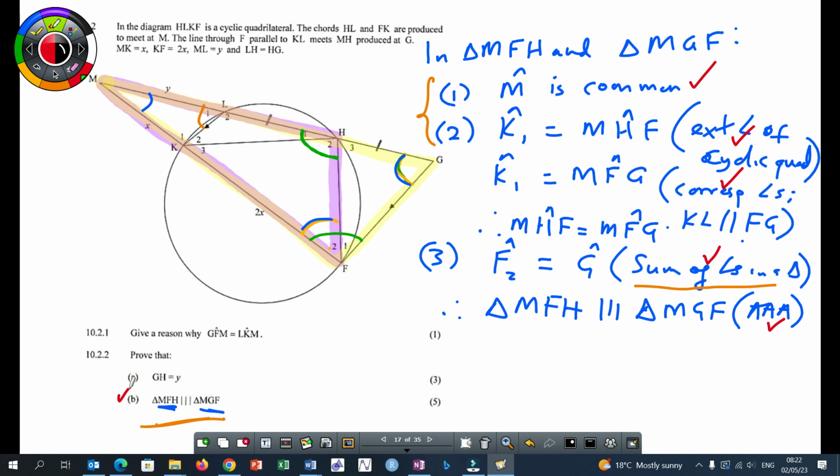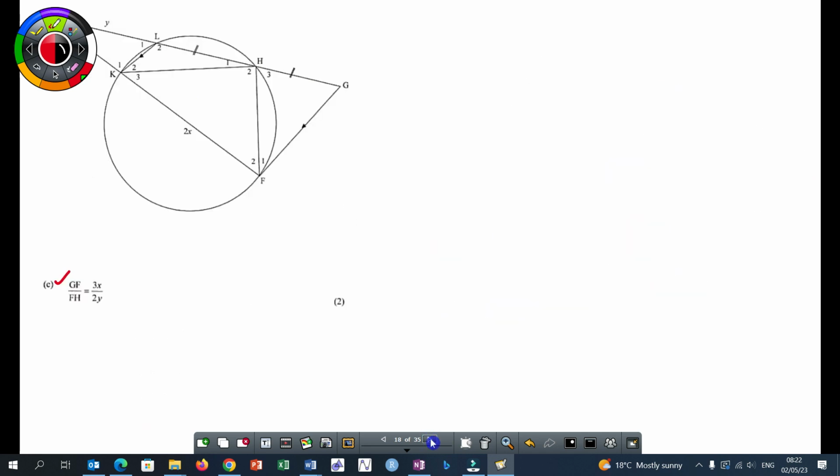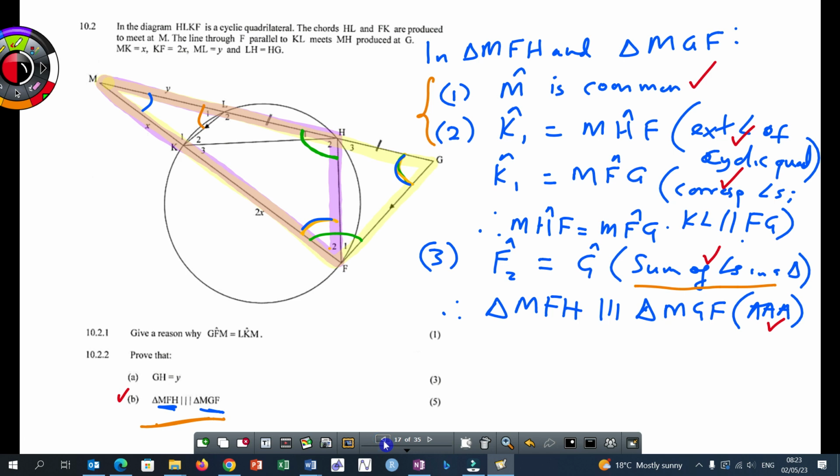So here we have got GF over FH. I just need to remind ourselves that to do this question, we'll just use our similar triangles. So we've got GF, which is that, and then we have got FH, which is that one. So I'm just going to go back to my triangles here, then I'm going to write the ratios of the corresponding sides, and then I'll choose the appropriate ratios.